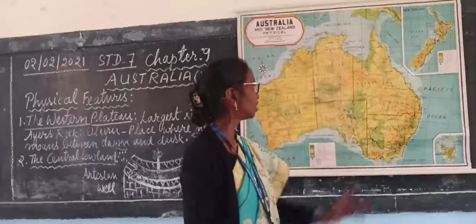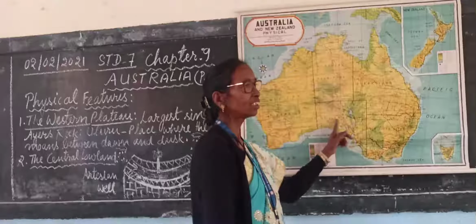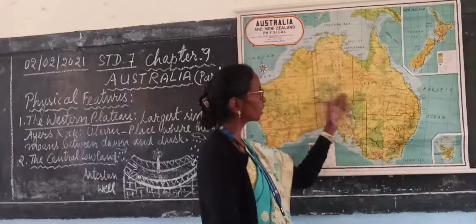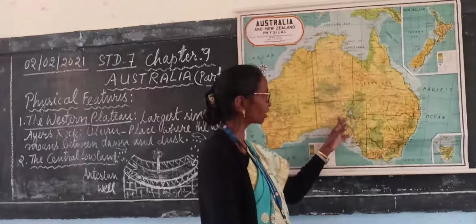Second is the Lake Eyre Basin. This Lake Eyre Basin is a large area of inland drainage. What do you mean by an inland drainage? The rivers flowing from the eastern highland or other plateau regions reach the low-lying Lake Eyre Basin, and some are disappearing because of the dry region.